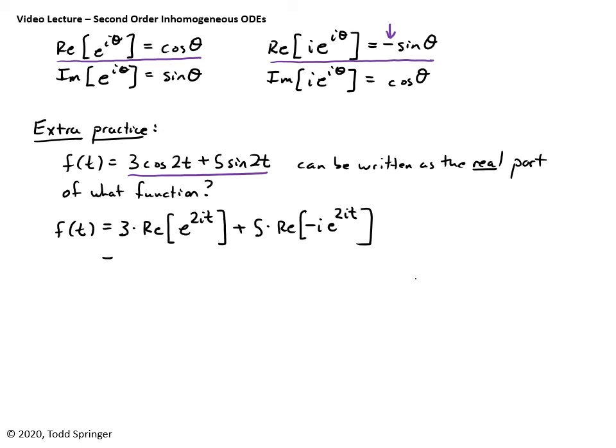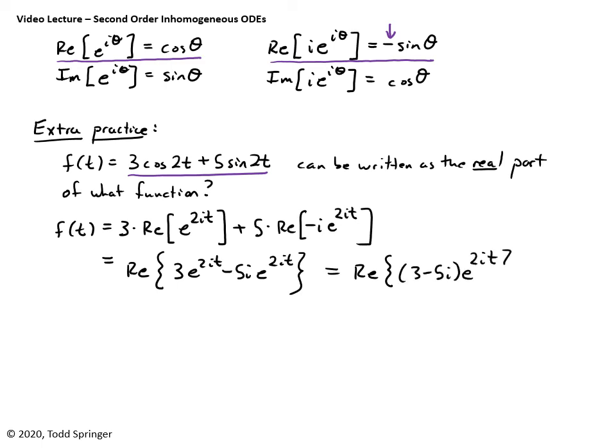And then I can pull that out, the real part of this whole thing, 3 e to the 2it plus minus 5 e to the 2it, which is the real part of, and I missed an i, minus 5i, 3 minus 5i e to the 2it. Okay.